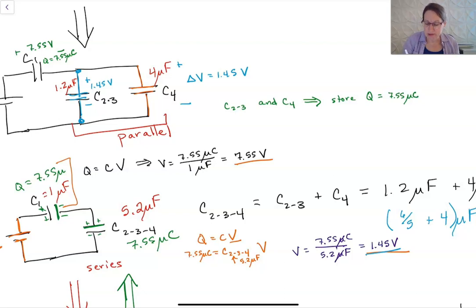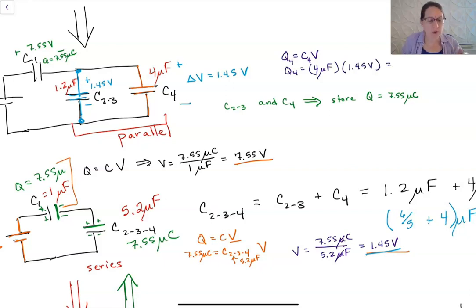Okay, now we use it over and over again, this Q is equal to CV. So for 4, Q4, C4, and the voltage across 4, we can put in all these numbers. So we get charge on 4 is equal to 4 microcoulombs times 1.45 volts.